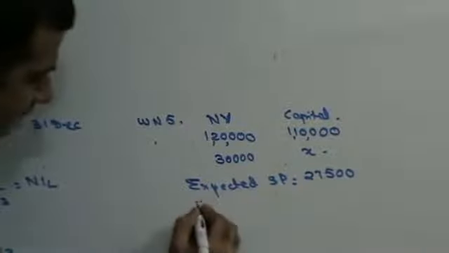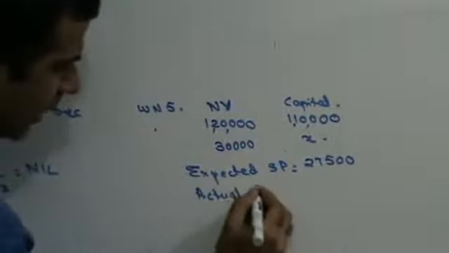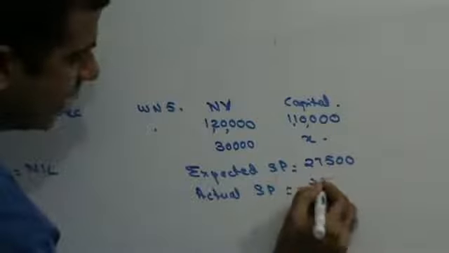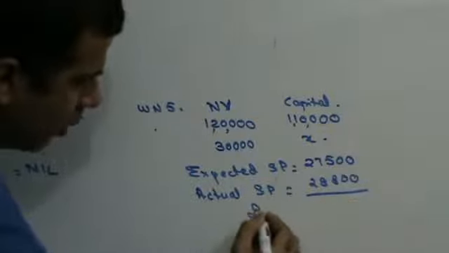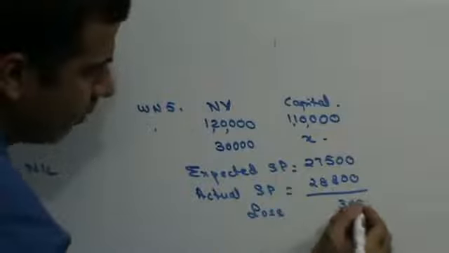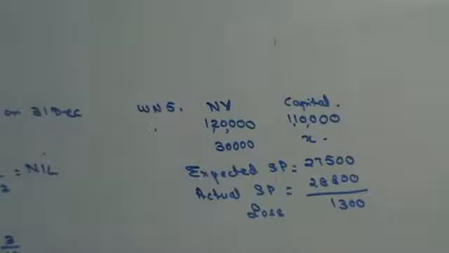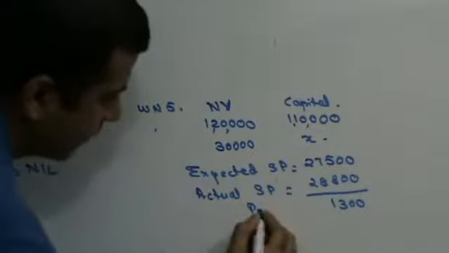What is my actual selling price? The actual selling price is 28,800, right? So in that case, how much loss have you incurred? 1,300. Sorry, actual versus expected selling price: profit.